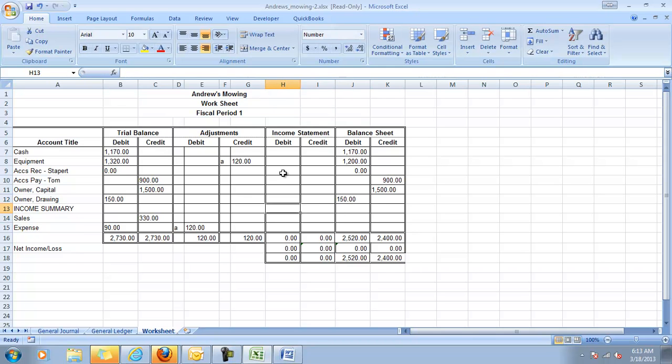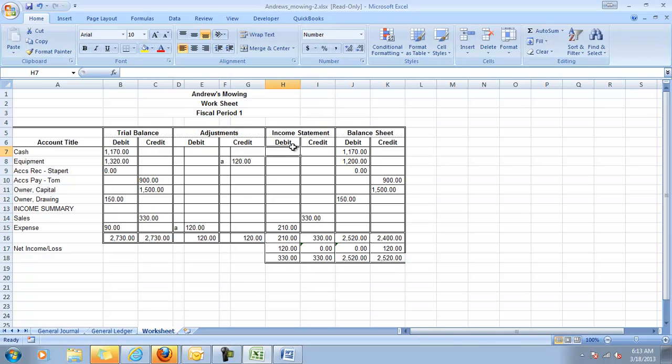Then my income summary, the sales and the expenses, those are going to get transferred over to the income statement. So I had $330 in sales, and I had $210 now in expenses because I took that depreciation expense there. Now I've already got formulas that automatically populate these things, but what we're doing is we're totaling up our adjustments.